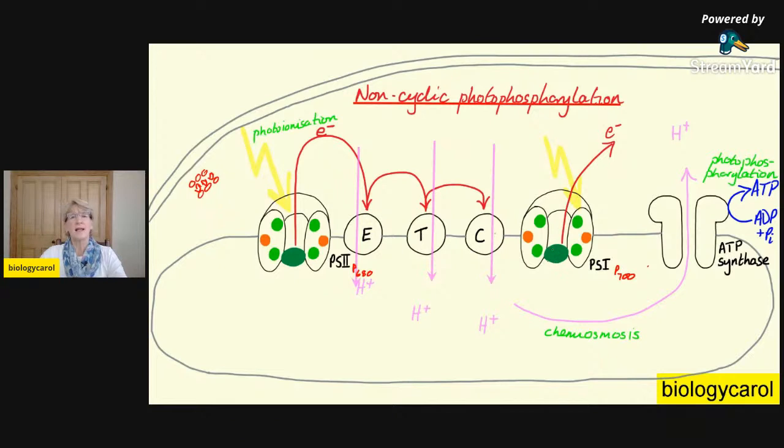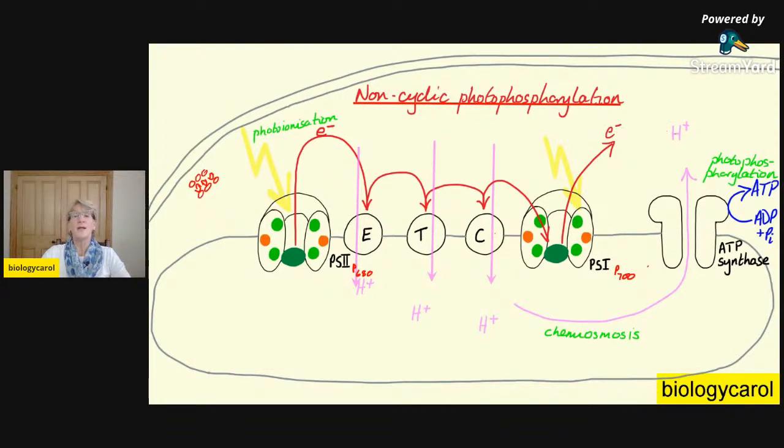This leaves an electron gap in chlorophyll A here, and that is filled by the electron going down and replacing the electron from chlorophyll A in photosystem 1.